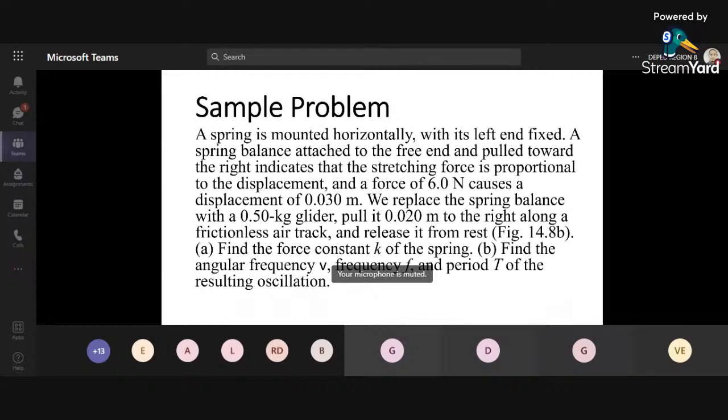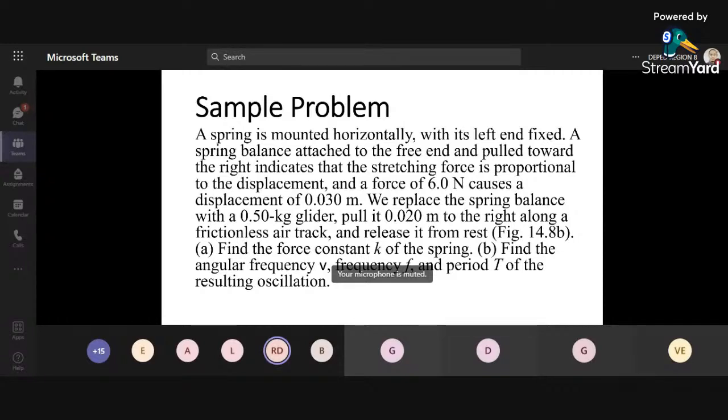Okay, so let us answer this sample problem. So sa letter A, unsa man ang gipangita sa letter A? Ang force constant k of the spring.